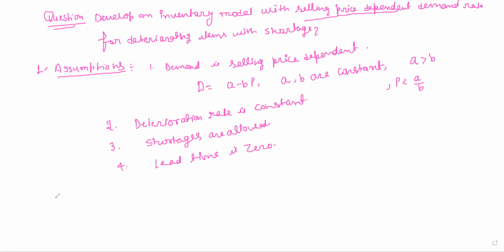Now we go for the next step, which is notations. So we can say this is D. So D is a demand rate. P is a selling price.